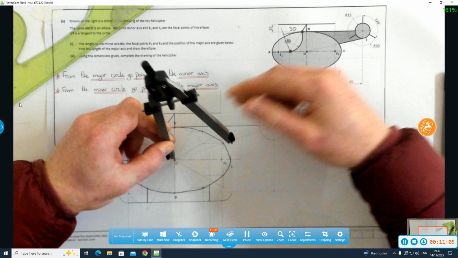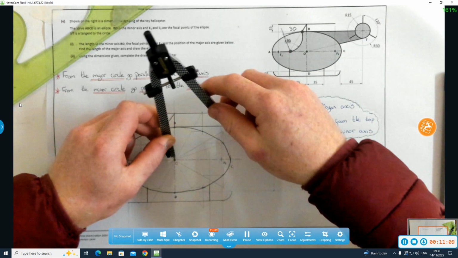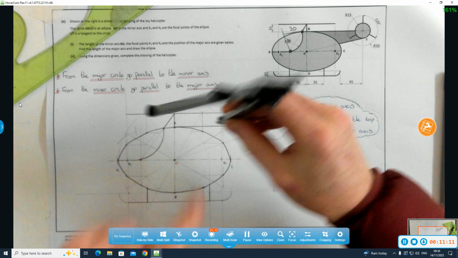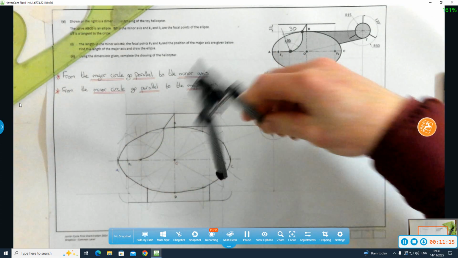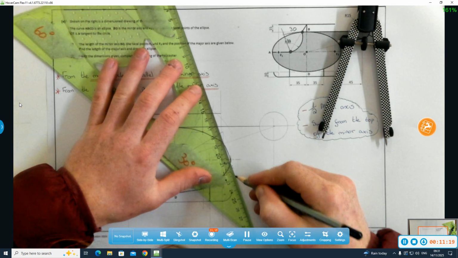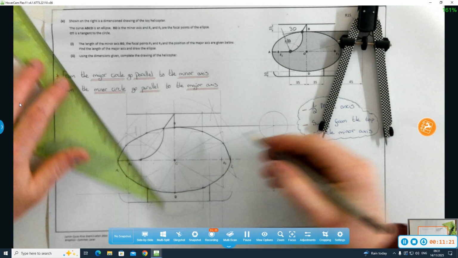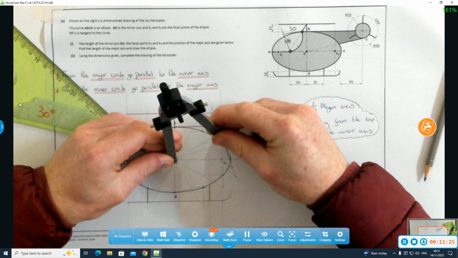So bisect the line, compass more than halfway of the line, swing an arc on both sides of the line, keep the same distance on the compass up to this point. Swing an arc, swing an arc. Where they meet, then we can join those X shapes. That's that line bisected there now. Okay? Now we're going to draw a semicircle.